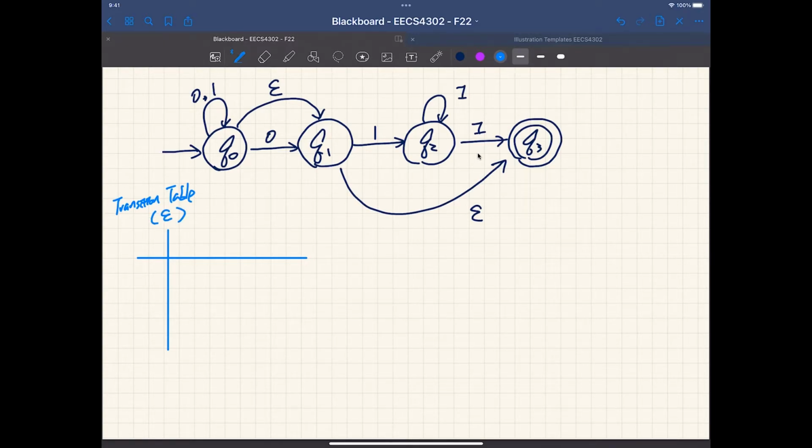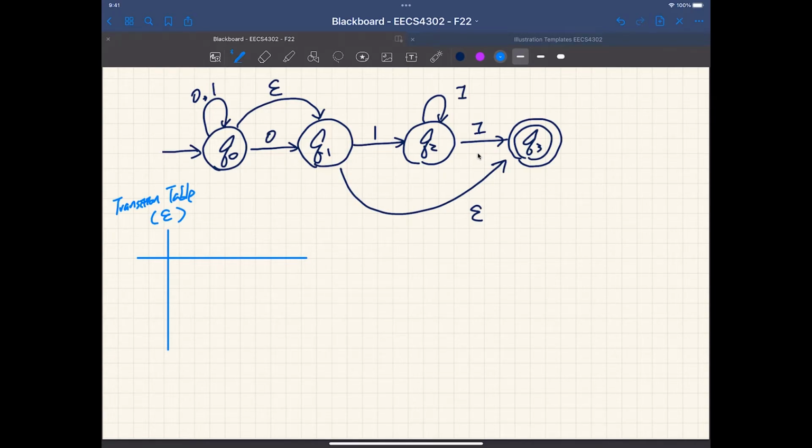Here's a critical difference. The input will be the epsilon NFA, in which case its transition table should include epsilon transitions. On the other hand, the output will be a DFA, in which case its transition table should not allow any epsilon transition. Let's get it clear first.